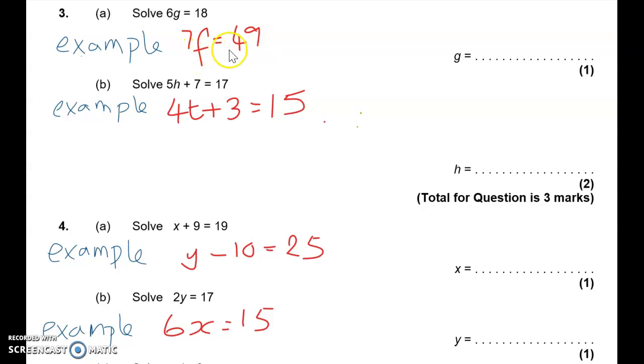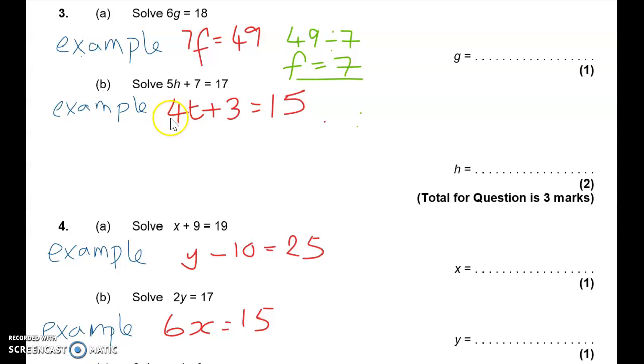So 7 times something gives me 49. If I take my 49 and I do the inverse, in other words divide by the 7, which is next to my letter, it will tell me what the letter is. So I need to know my times tables. 49 divided by 7 is 7. And we can check it because 7 times 7 is 49. That's our check.